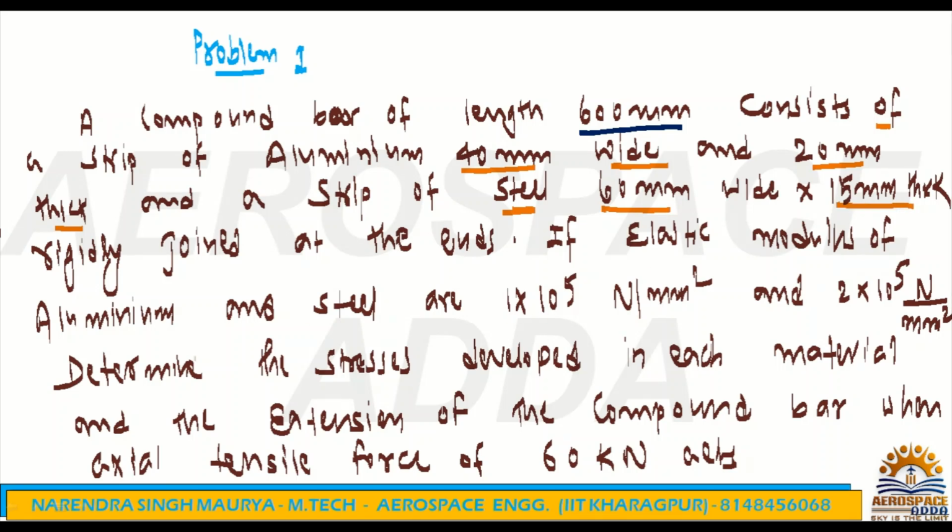Both Young's moduli are given. We need to determine the stress developed in each material and the extension of the compound bar. The extension will be the same for both materials, so we need to calculate delta L, when the axial tensile force of 60 kilonewtons is applied.